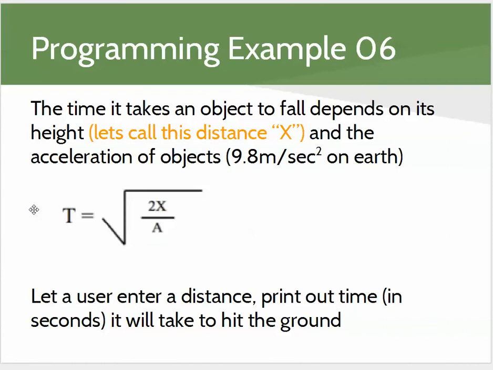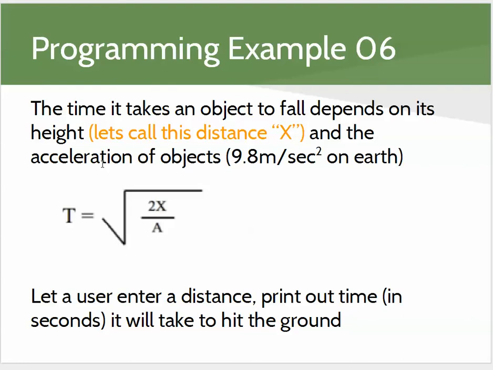Here's a kind of a real-world physics type question where we can now build a program knowing that we understand how to compute the square root. We can write a program to do this. So the formula to figure out how much time an object takes to fall from a particular height, and we'll allow the height to be entered in by the user. In our formula, I'm calling it x here. The time it takes an object to fall depends on its height, and it depends on the acceleration of the object.